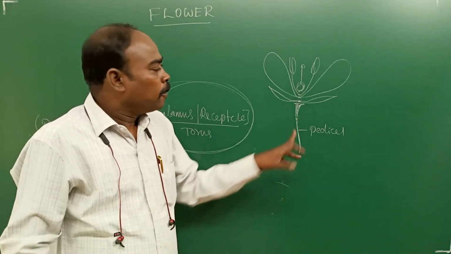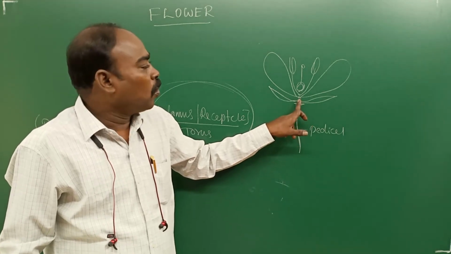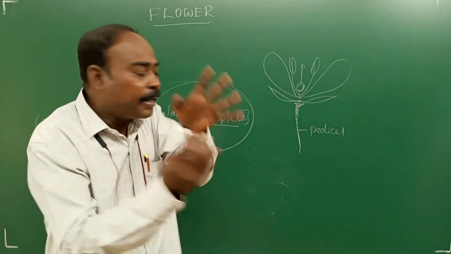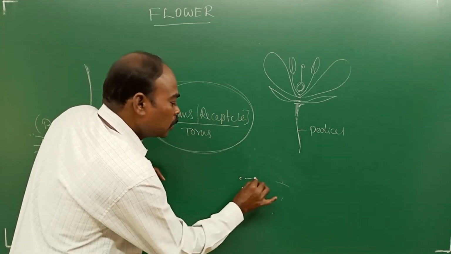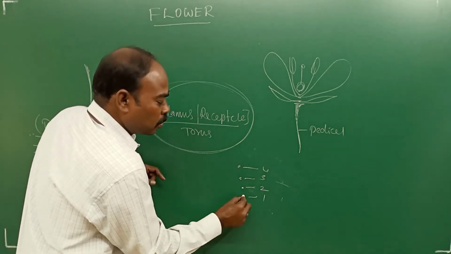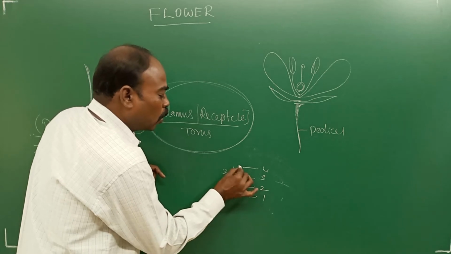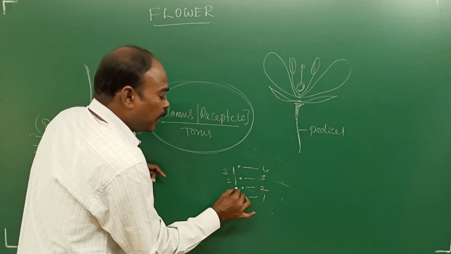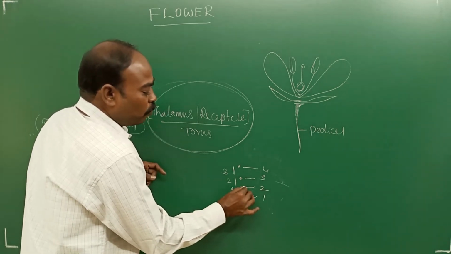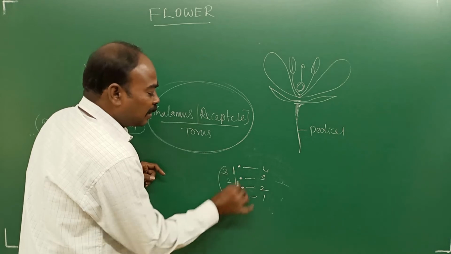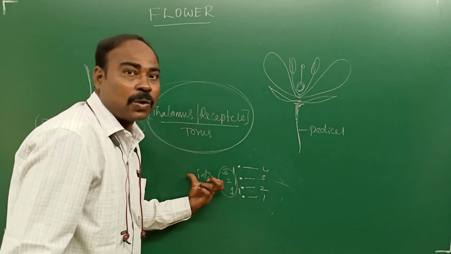Have you understood? On the condensed tip of the pedicel, four nodes with three short internodes. How many internodes? In between four nodes, there are three internodes. So in a flower, four nodes and three internodes are found.